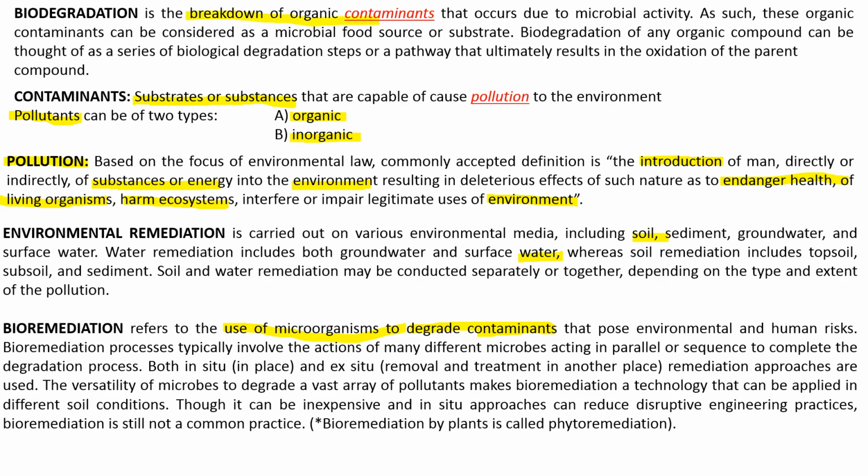As we have already said, contaminants are of two types, organic and inorganic. Usually, when organic contaminants are broken down, when they are decomposed, especially due to microbial activity, it can also be due to other parasitic or protozoan organisms, or plants and nematodes.